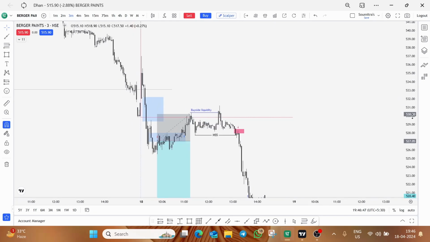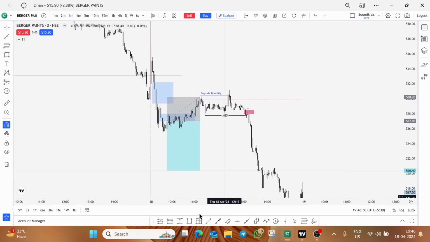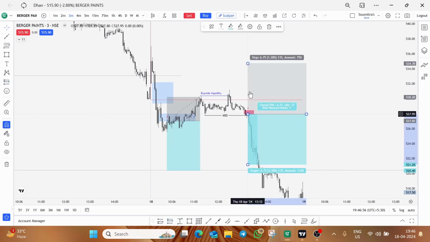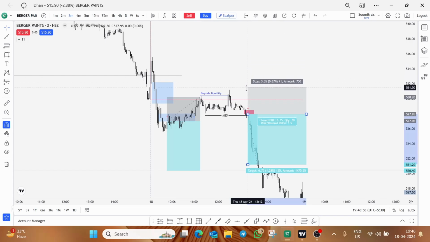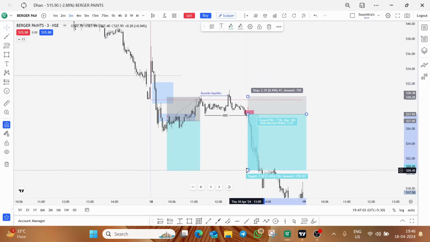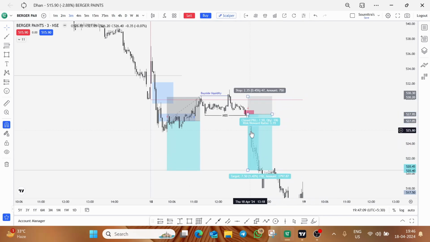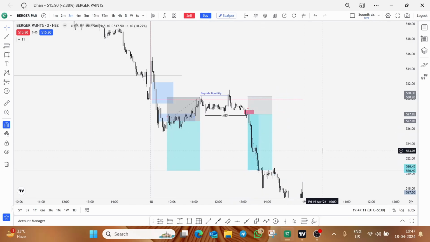And as you can see, exactly the same thing happened, and I entered from here, keeping a very small stop loss right here, and target was here. So within just half an hour or so, we got the target.